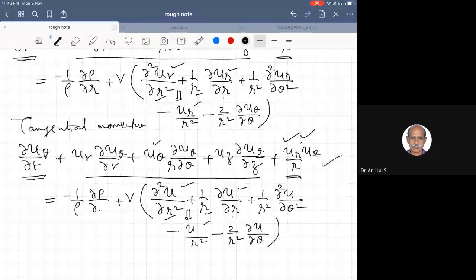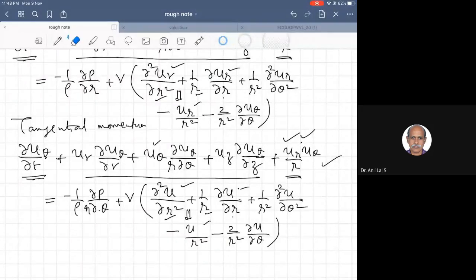The remaining terms change to u theta, and this is the tangential momentum equation.